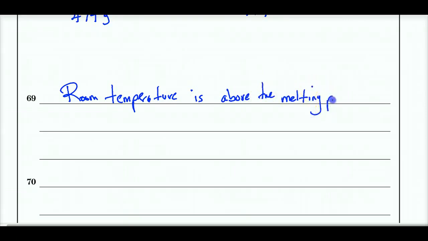Room temperature is above the melting point but below the boiling point. And that answers the question completely how they want you to, because you're talking about the melting point and the boiling point in your answer.